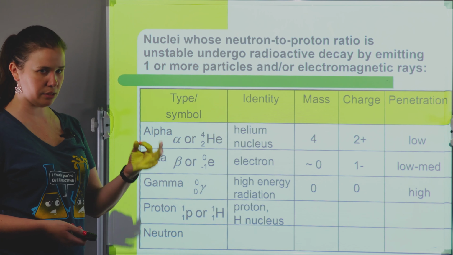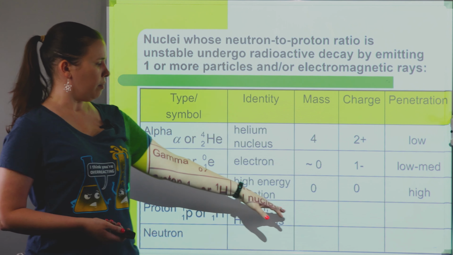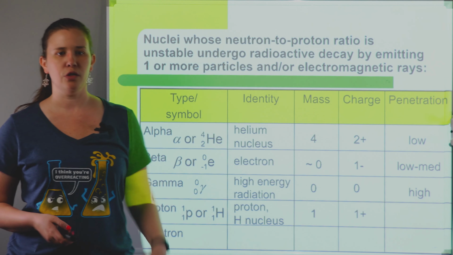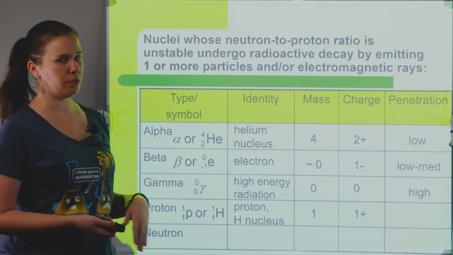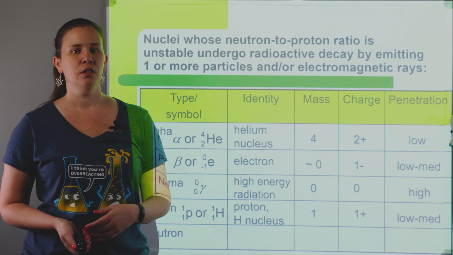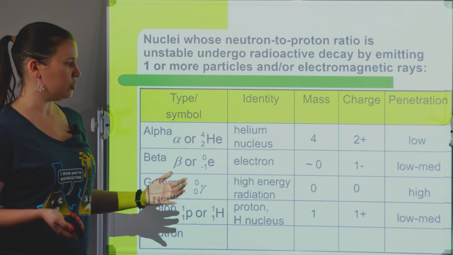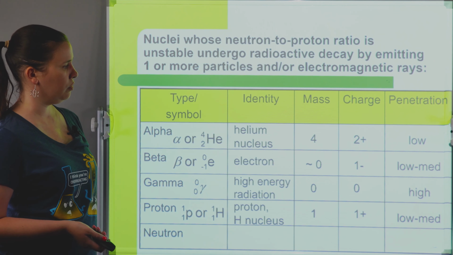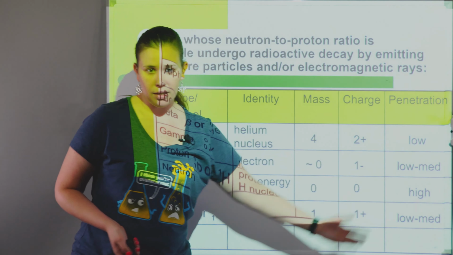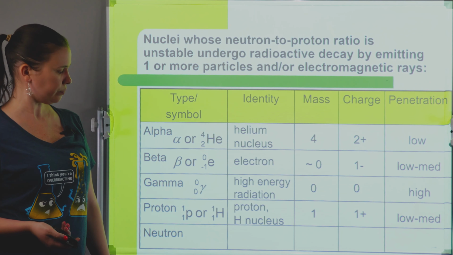It is literally 1 proton. So the mass of 1 proton is 1, and the charge would be +1. So the proton is going to behave kind of similar to the electron in terms of penetration, so going about a low to medium. It's a pretty small particle, not super heavily charged, so it's going to go through a little bit further, but still not go as far as just pure energy, right?